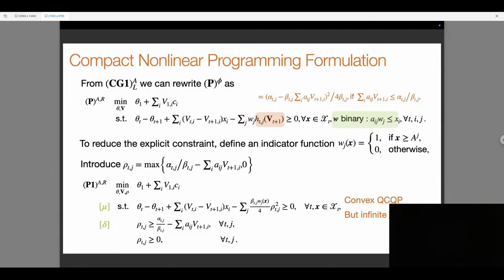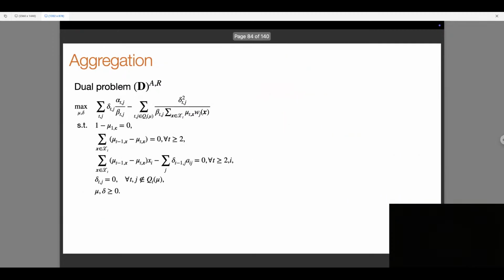To solve this infinite constraint problem, firstly we try to compute its dual formulation. We have its dual formulation with the Lagrangian multipliers mu and delta for these two constraints respectively, and we have the dual problem DAR in this form.